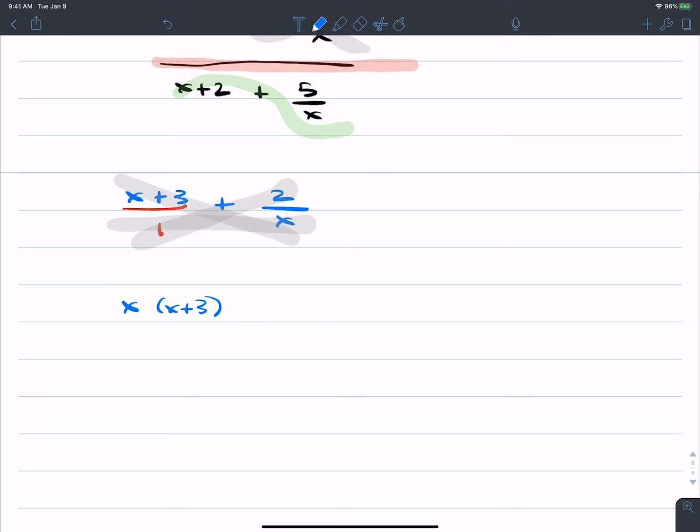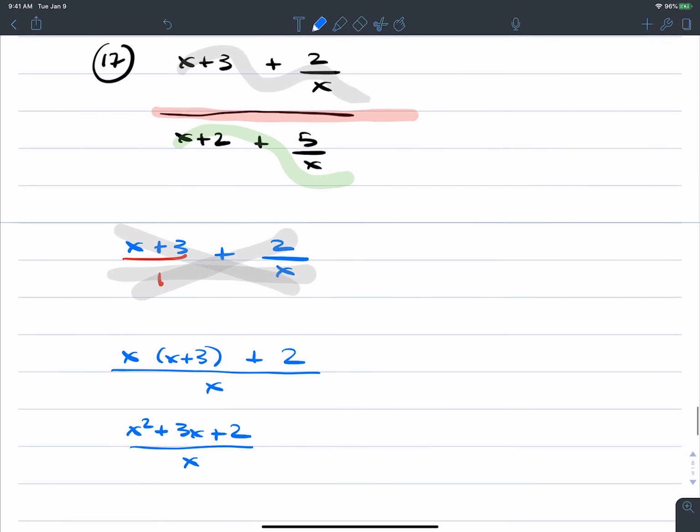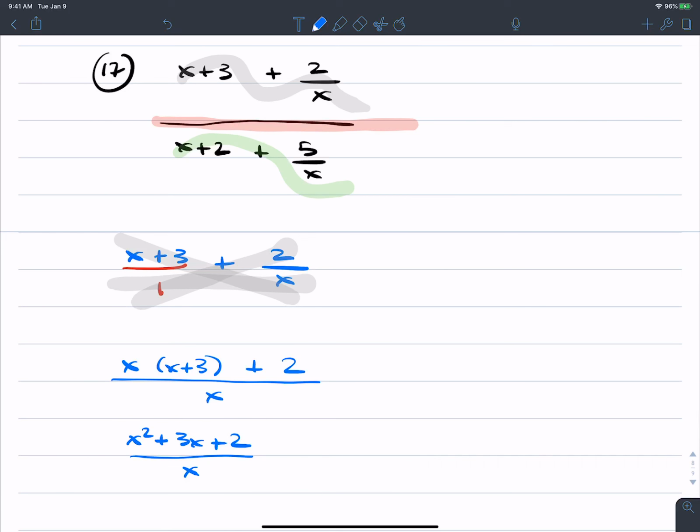x times x plus 3 plus 2 over x. You end up with x squared plus 3x plus 2 over that x. This is for the numerator in gray. The denominator of x plus 2 plus 5 over x.